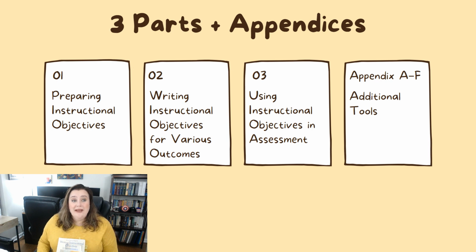Second, writing instructional objectives for various outcomes. So the second part is all about writing those objectives. That's the application of part 1. And then part 3 is using instructional objectives in assessment.